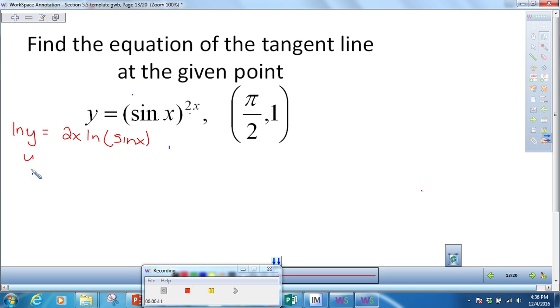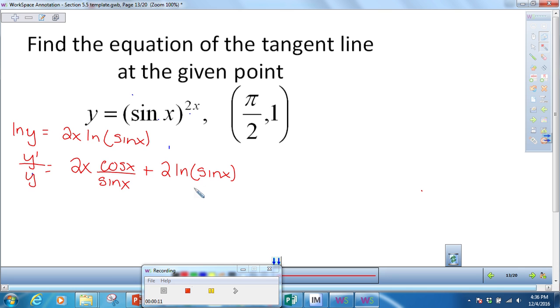Taking the derivative, I get y prime over y is equal to, and I'm going to use the product rule again. So I get 2x times the derivative of the natural log of sine x, which is cosine x over sine x, plus, keeping this the same and taking the derivative of 2x, which is just 2, natural log of sine x.